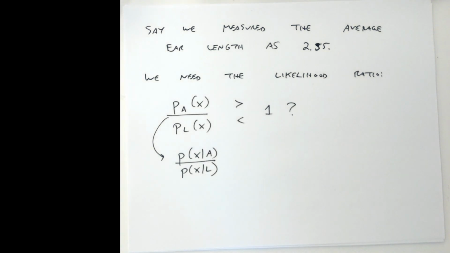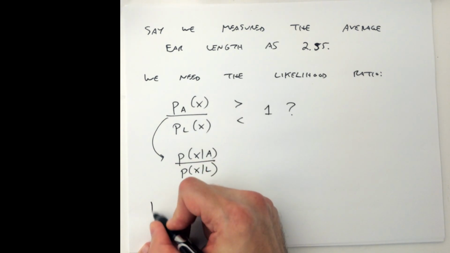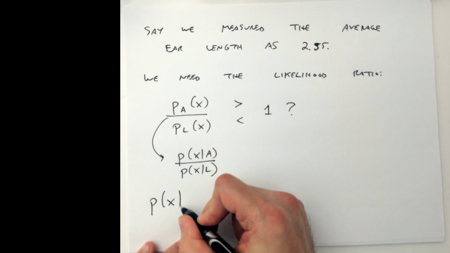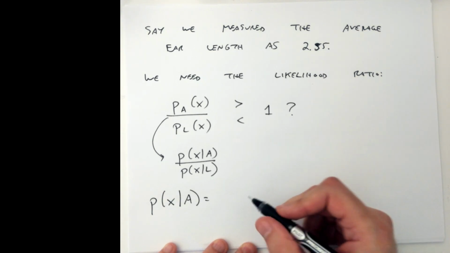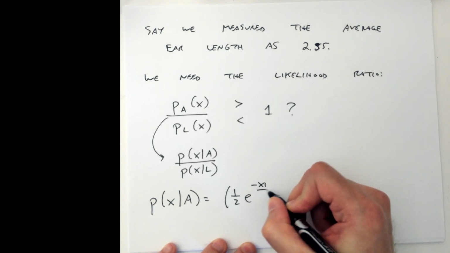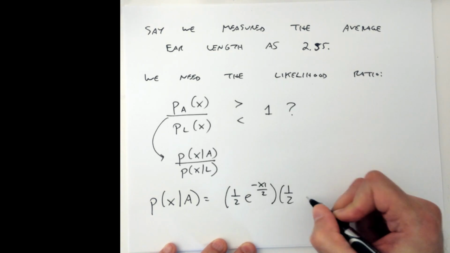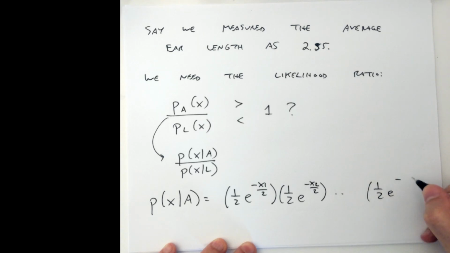So, well, I have to look at these 50 numbers, right? So I can say that the top part, the PDF of x given A, I have to multiply all these 50 independent PDFs together, right? So it's like saying I have 1/2 e to the measurement 1 over 2 times 1/2 e to the measurement 2 over 2, 1/2 e to the measurement 50 over 2.